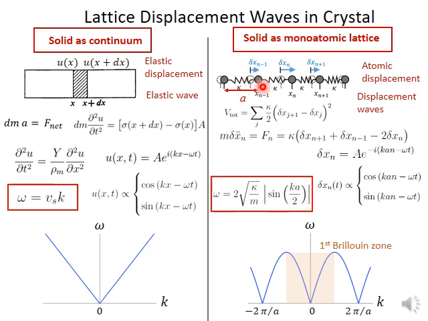When the wavelengths of these lattice vibrations become equal to the interatomic distance a, the waves start behaving differently from the continuum approximation. And in the region where the waves are very long in wavelength, they don't feel the atomic periodicity that much, and they resemble the continuum approximation.